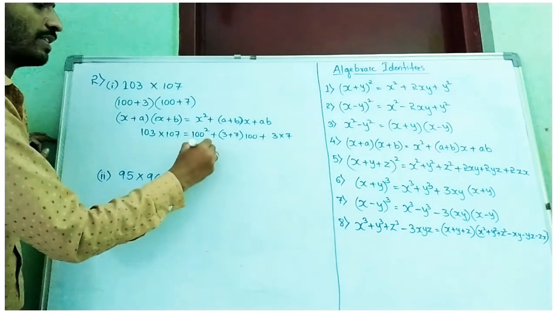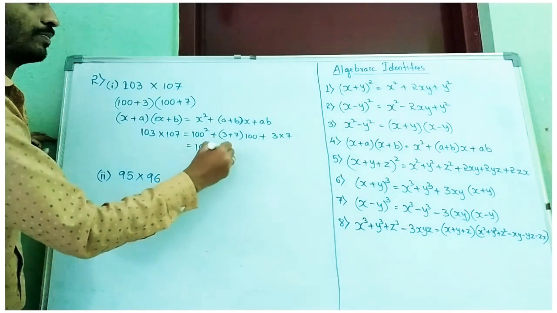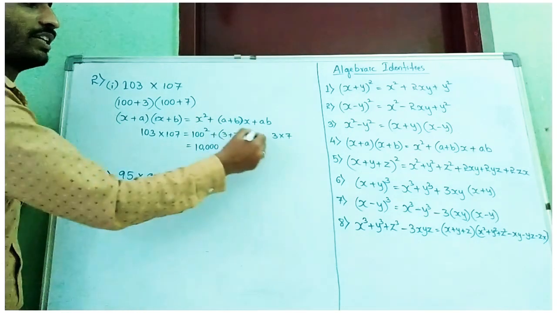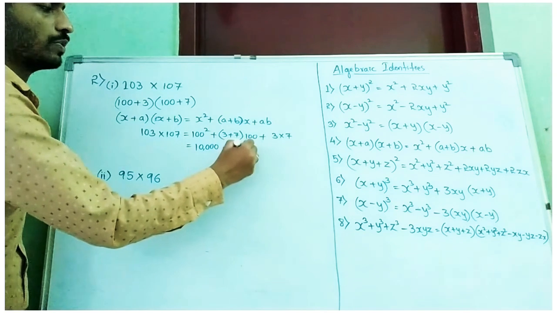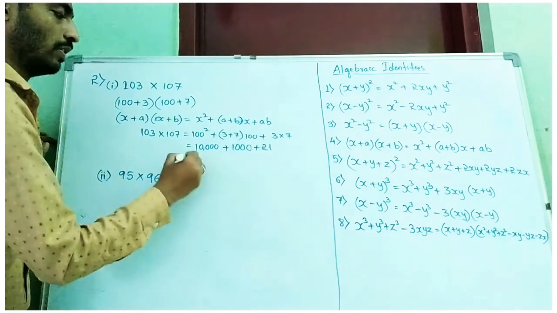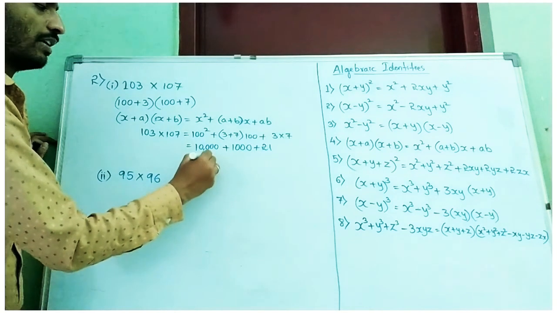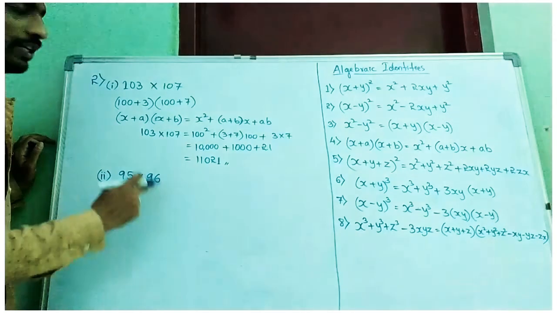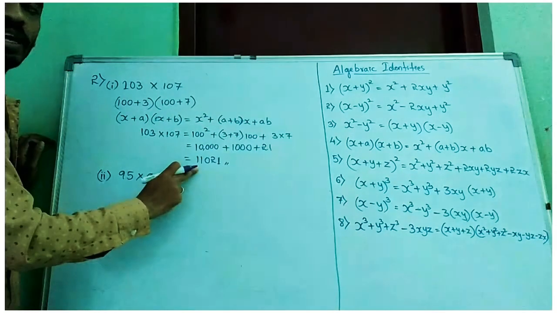So 100² is 10,000 plus 3 plus 7 is 10, 10 into 100 is 1,000, plus 3 sevens are 21. So here we will get 11,021 is our answer. If you add them, you will get 11,021.